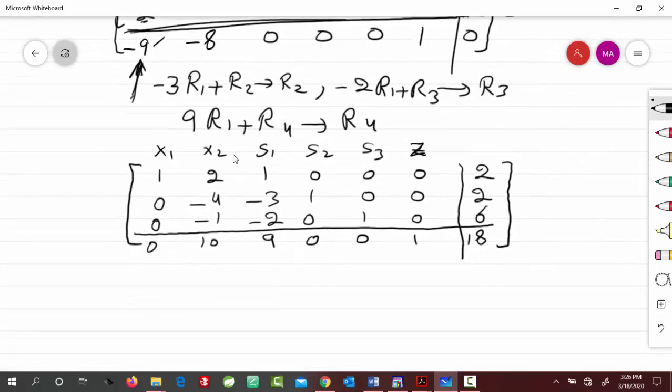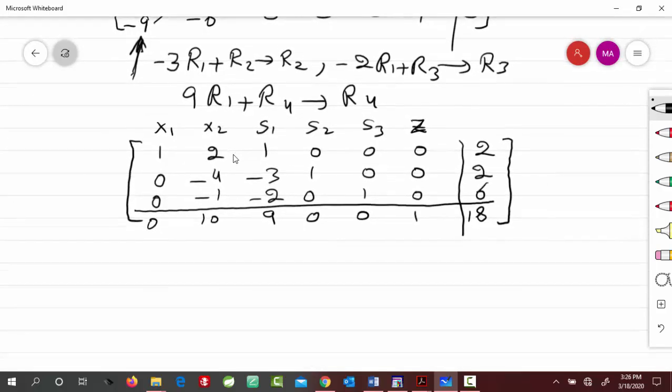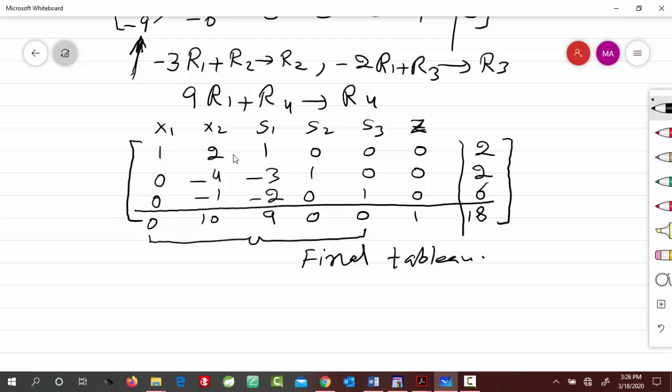Now in this table, you see that all the indicators are non-negative, so this is the final table. But we have to read it for the original problem. This table is for the dual problem, but from here we have to read it for the original problem.